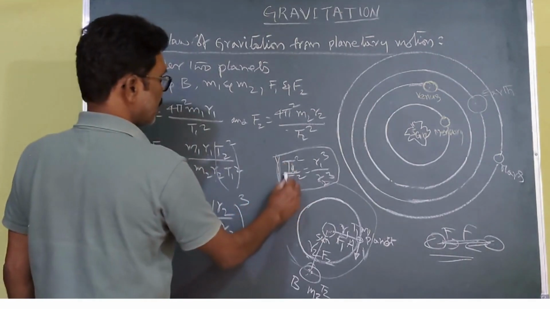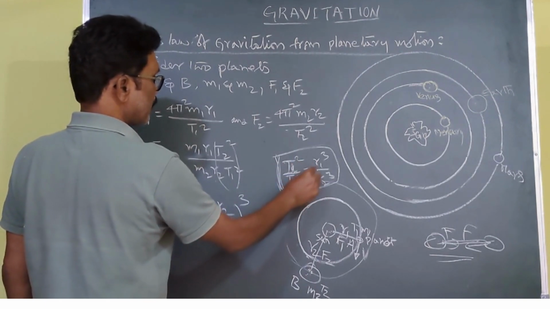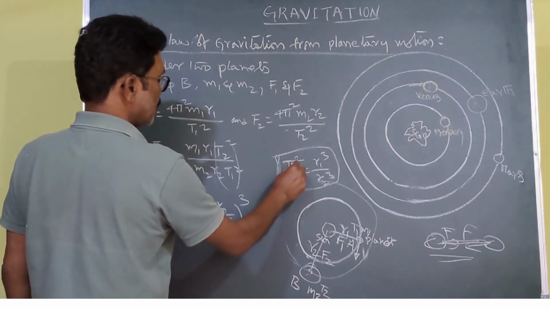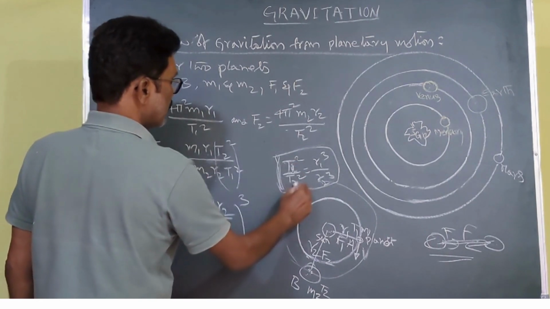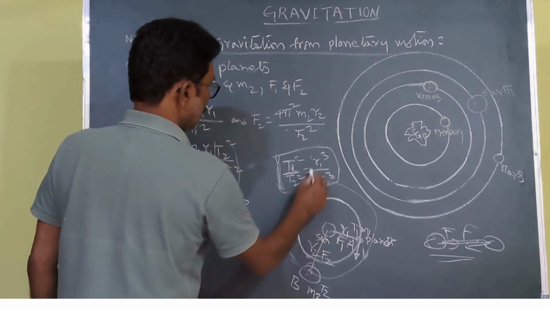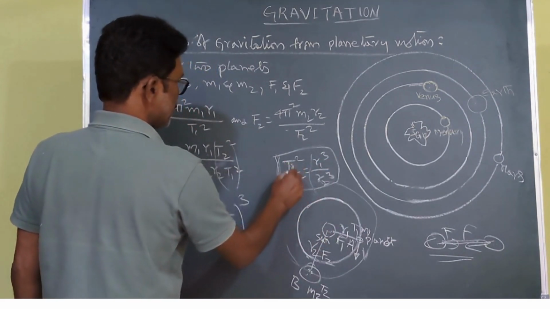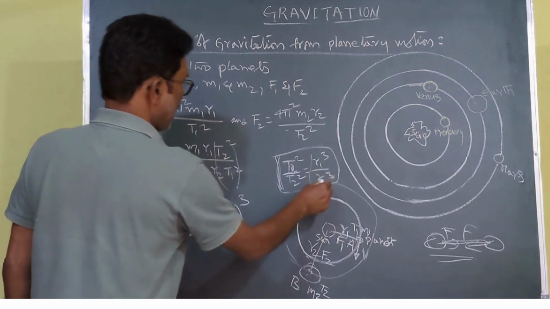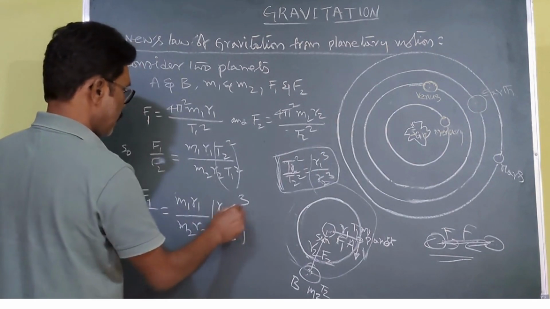How is this substituted here? There is a relation: T1 square by T2 square equal to R1 cube divided by R2 cube, that is, T1 divided by T2 whole square equal to R1 divided by R2 whole cube. So T2 by T1 whole square is also R2 by R1 whole cube.